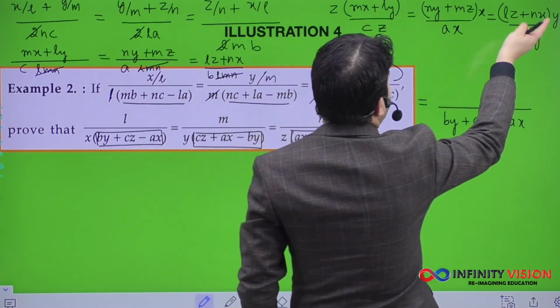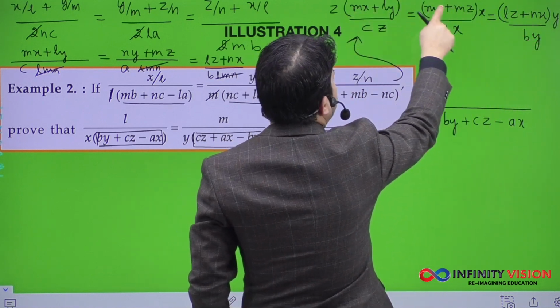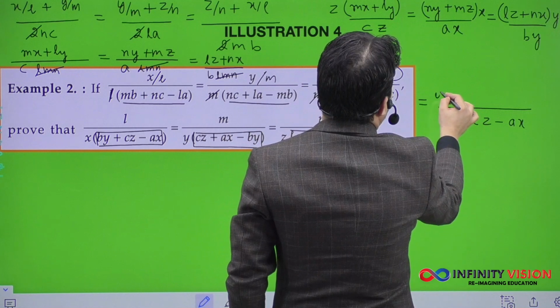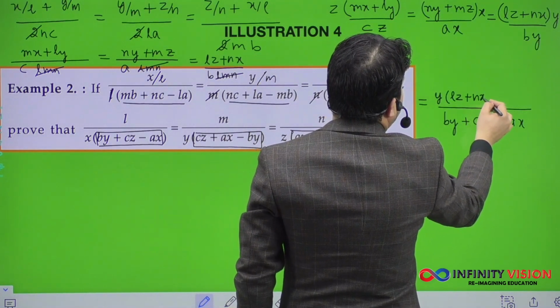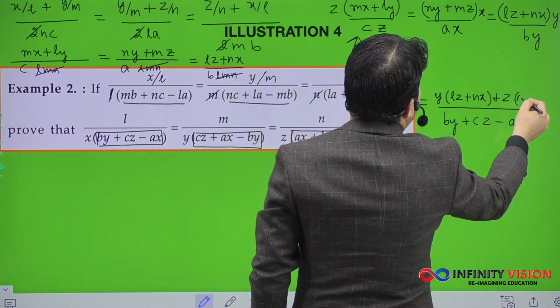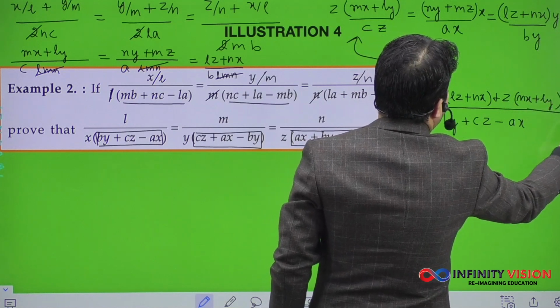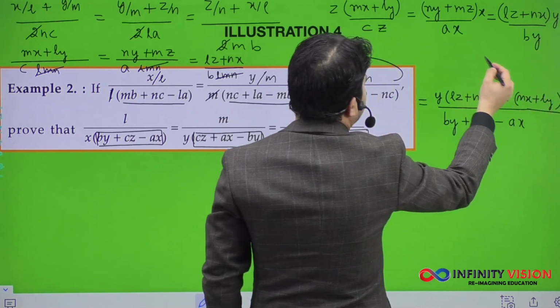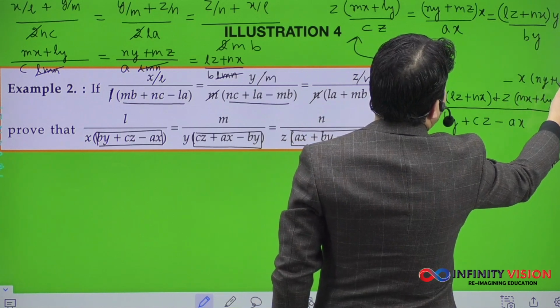The same way I'm going to do numerator of this plus numerator of this minus numerator of this. So I'm going to do y into Lz plus nx, plus z into mx plus ly, minus x into ny plus mz.